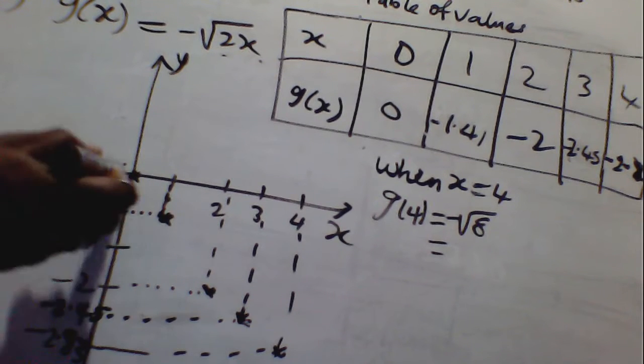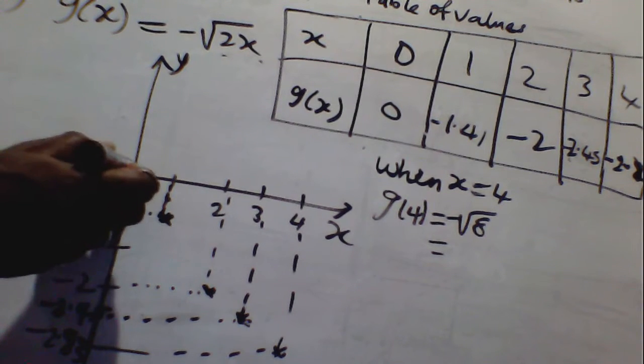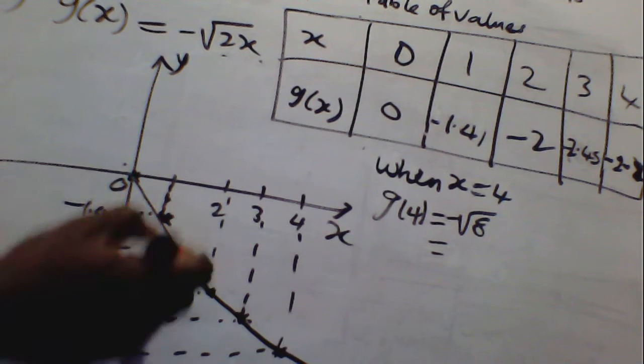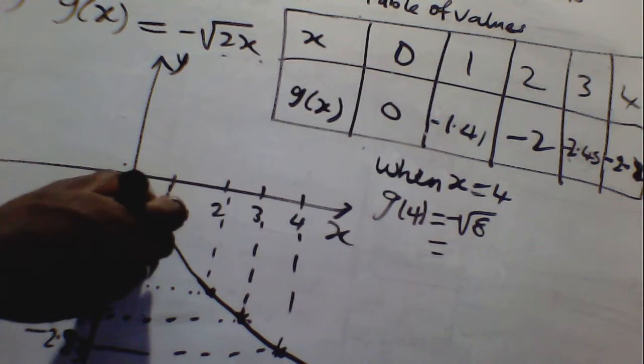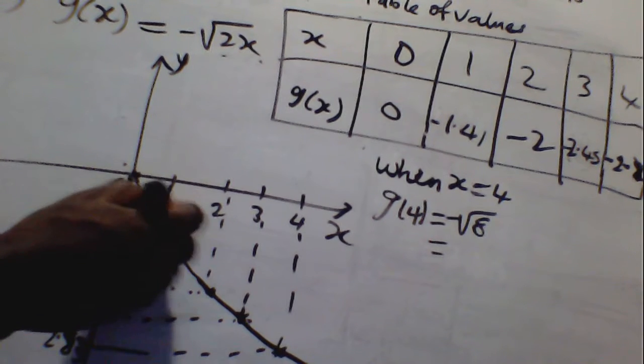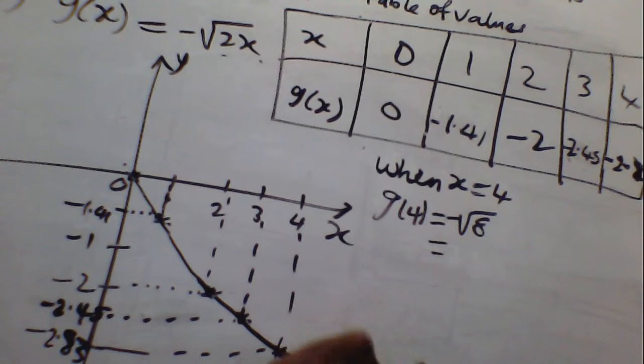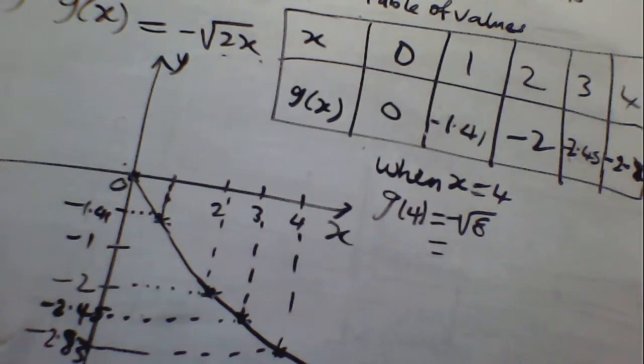So you use your ruler, use your curve and join it. If you continue to give it values, maybe x as 5, 6, 7, it will curve. See how the graph looks?